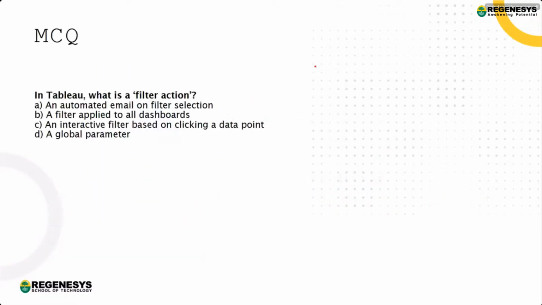So again, as we are finishing this FDP, I will not leave you without the MCQs, of course. So quickly, please give me the answers if you have. In Tableau, what is filter action?